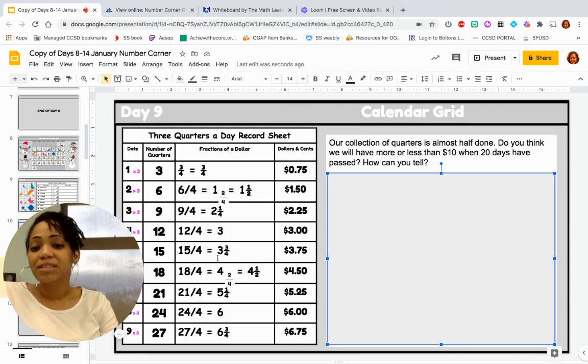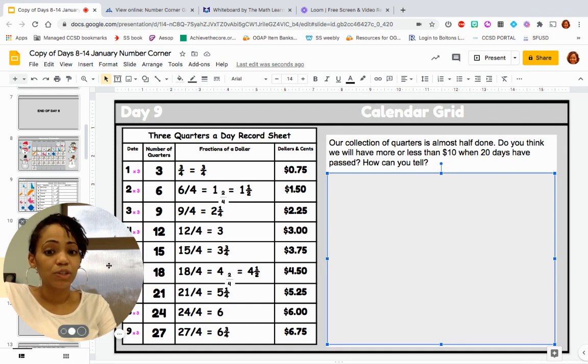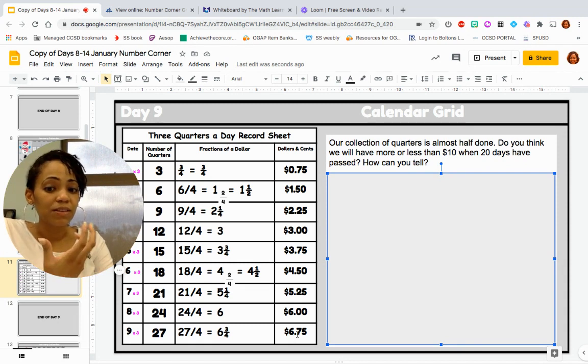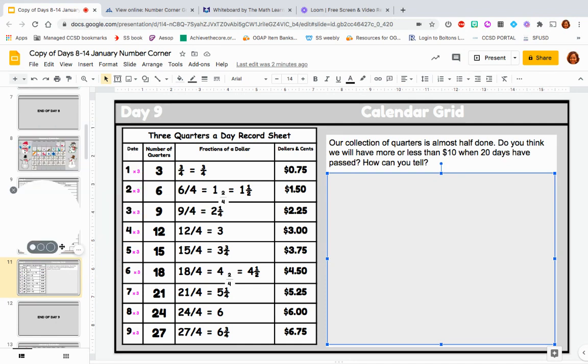So if you weren't able to tell, I used what I knew about day 9, and then I added on what I know you could add to $6 to give us $10, which is $4, or if I'm more specific, I could say $3.25, which fell at either 4 more days, because that's when we would add another $3, or 5 more days to get us over $10. And we know we have 10 more days left in January for instruction to happen.